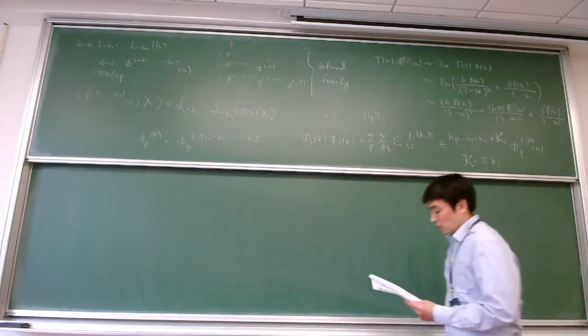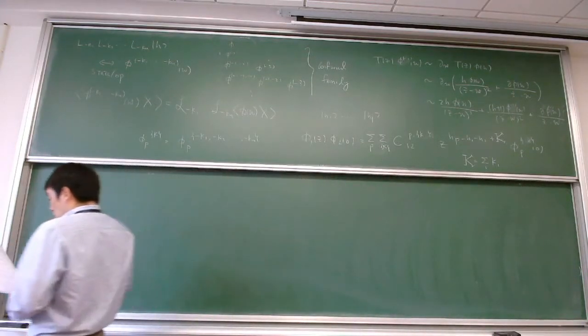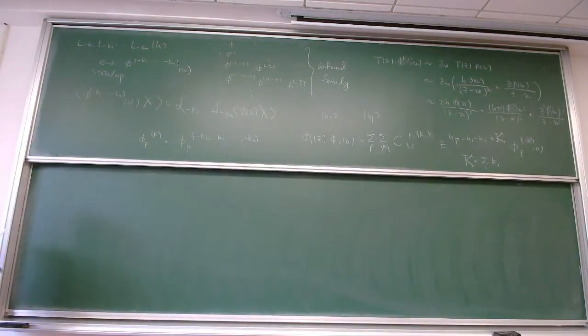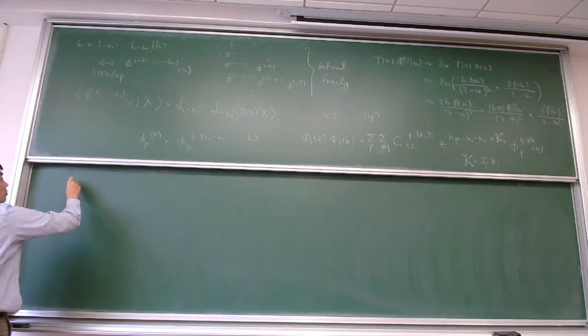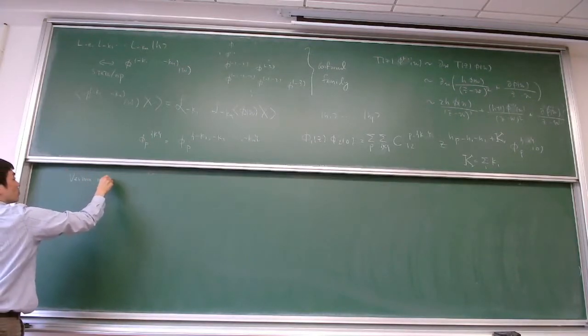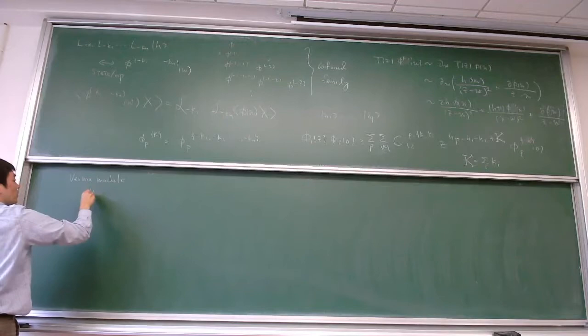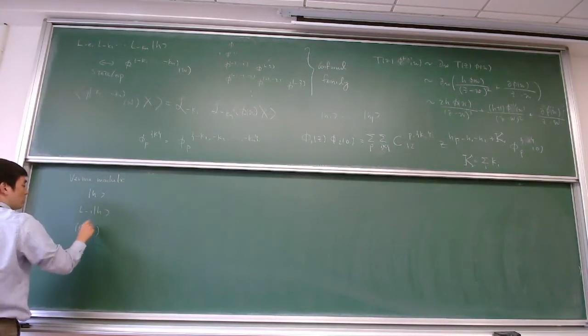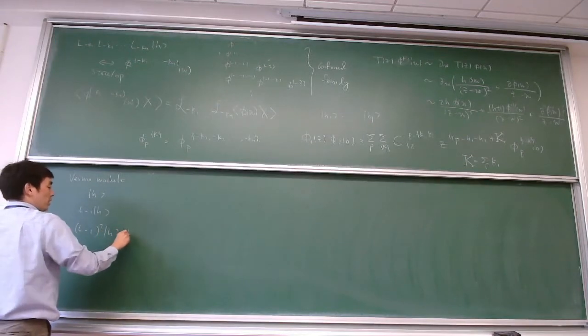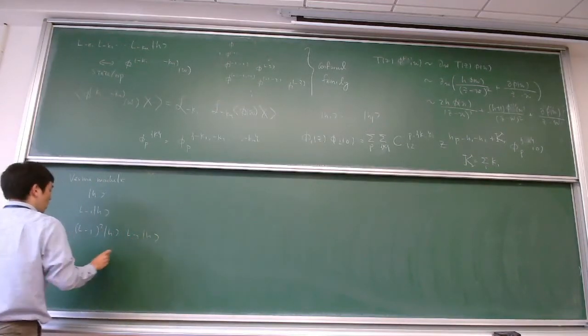So what are the singular vectors? We just start with, as we learned, the Verma module. You start with H and you just act on it, writing down many times L minus 2 on H, and then.